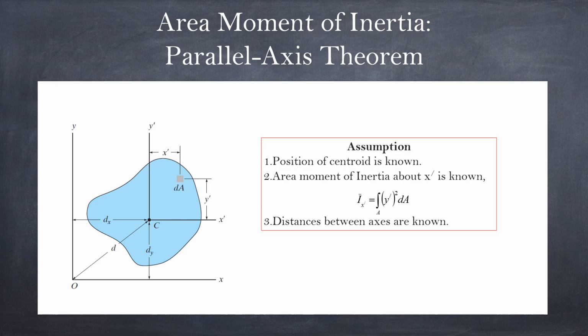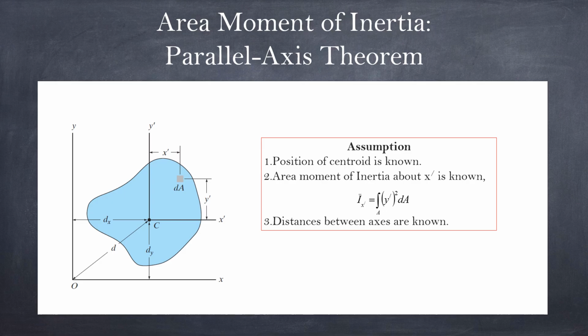In this case, we use x as an example. We need to know the area moment of inertia about the x-axis that goes through the centroid, which we call x prime. And of course we also need the distance between the two axes. For the axis where we already know the area moment of inertia, and the one that is further away from the centroid, that distance we have to know as well.